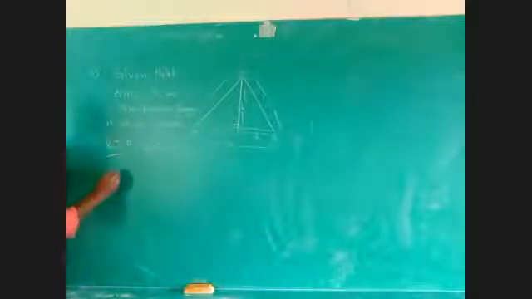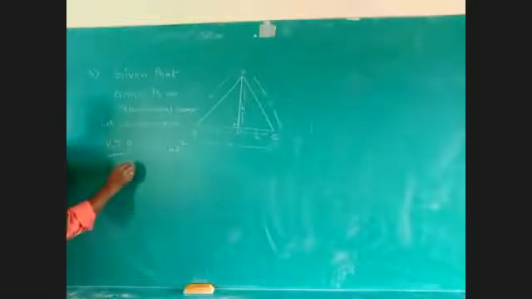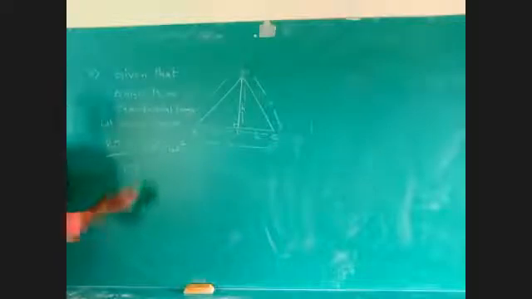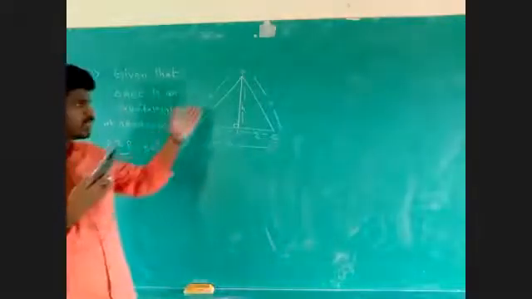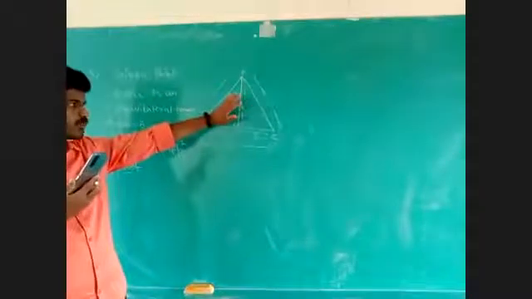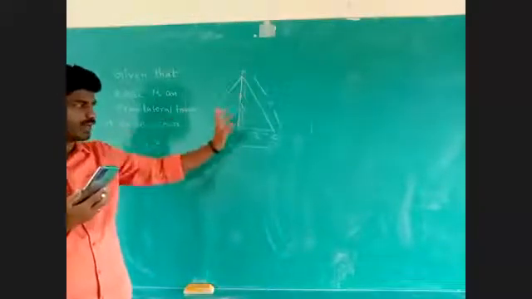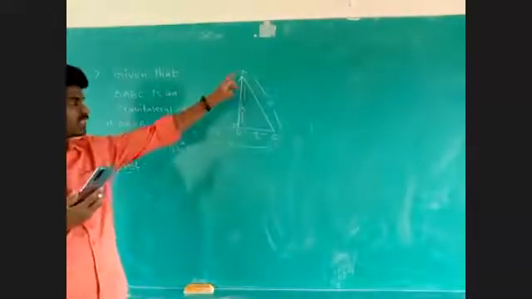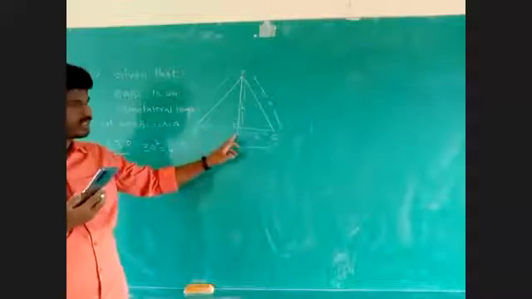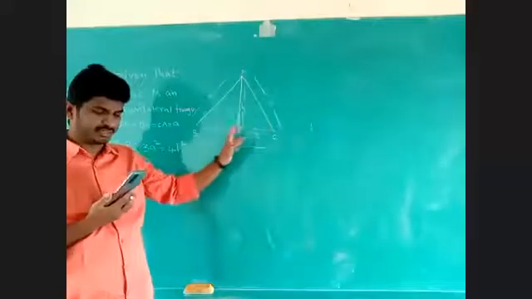Proof: the total equilateral triangle, with respect to the altitude, is divided into two right angle triangles. The first right angle triangle is ABD and the second is ACD.